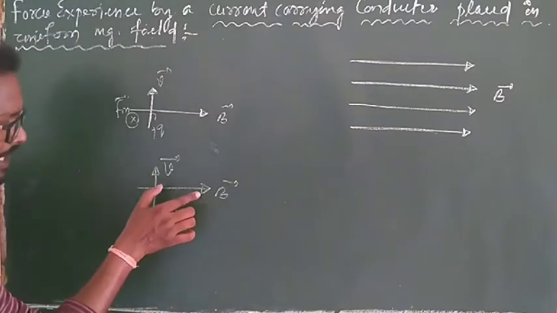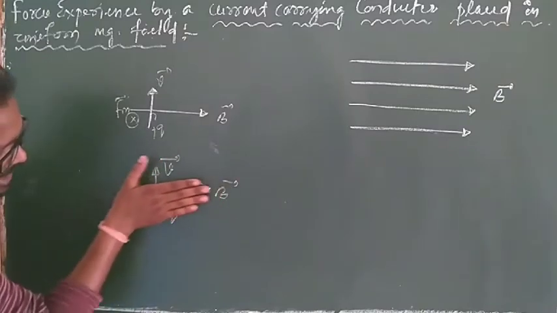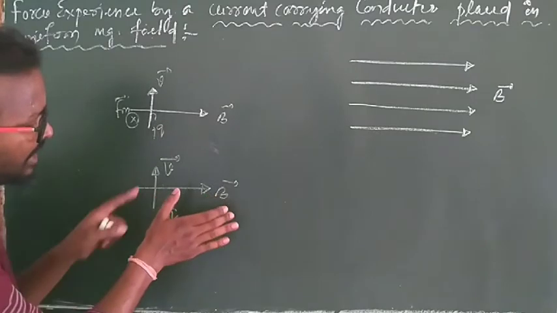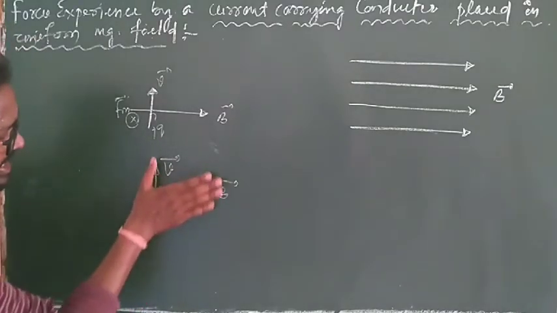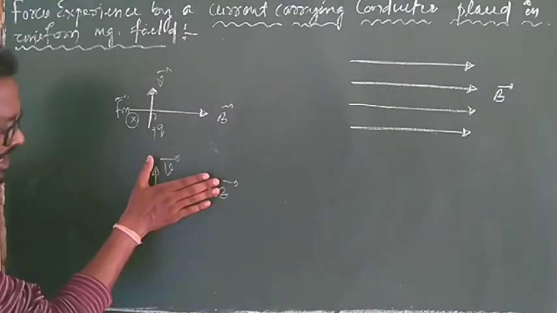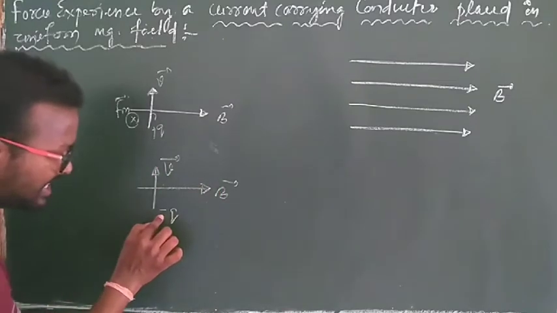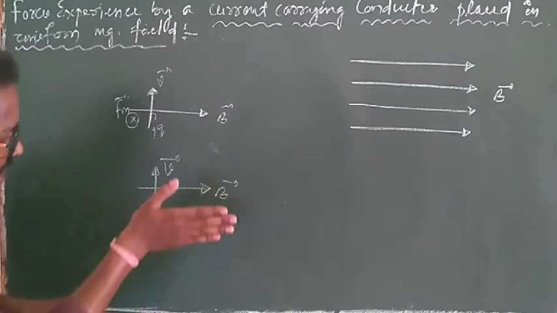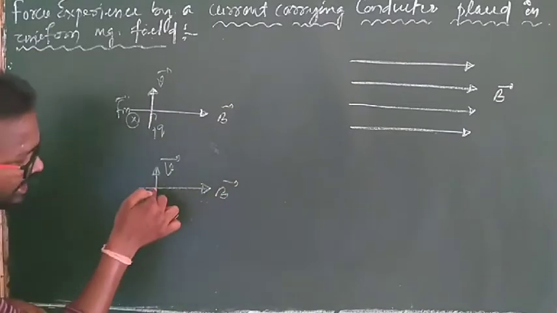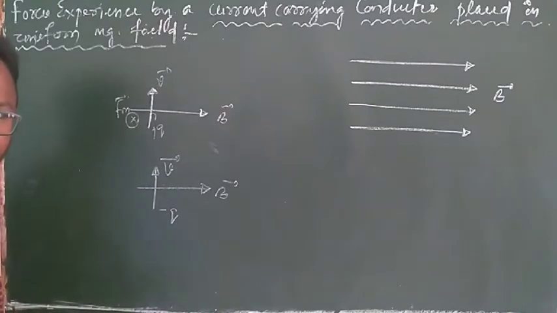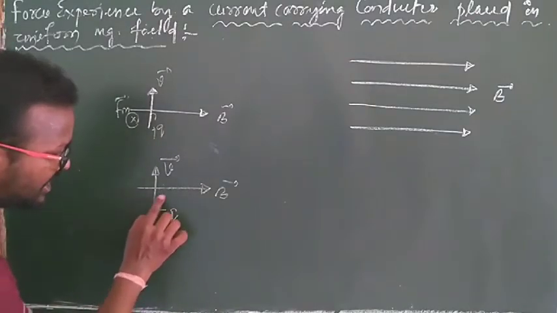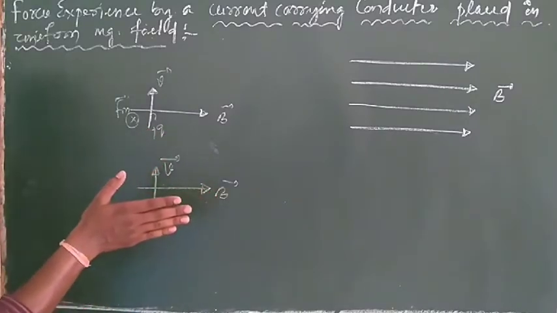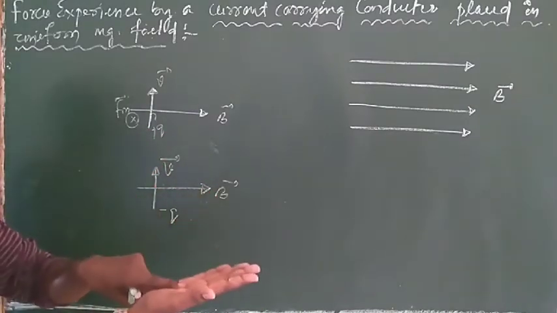Using the right hand palm rule, the fingertips indicate the direction of the magnetic field and the thumb indicates the direction of velocity. If the charge is positive, the palm indicates the force direction, inward and perpendicular to this line. But here the charged particle is negative, so the direction of force is opposite to that of the palm.